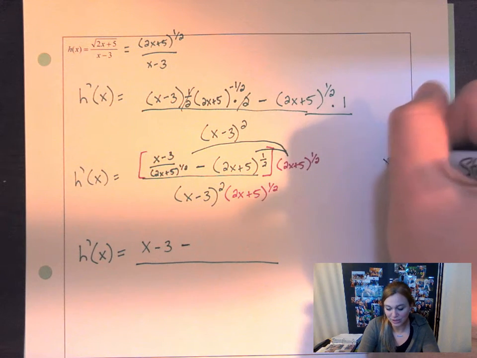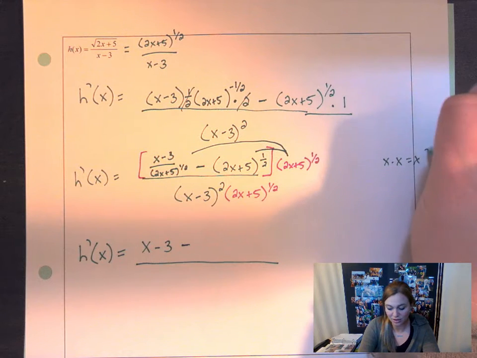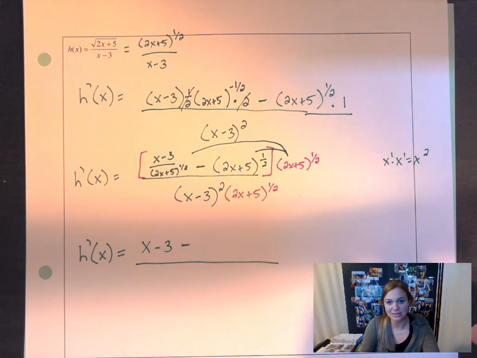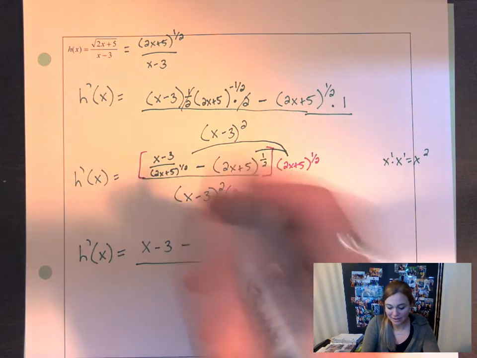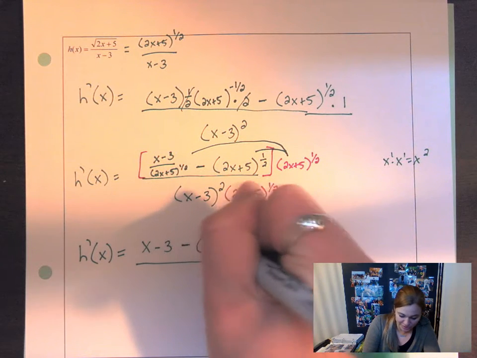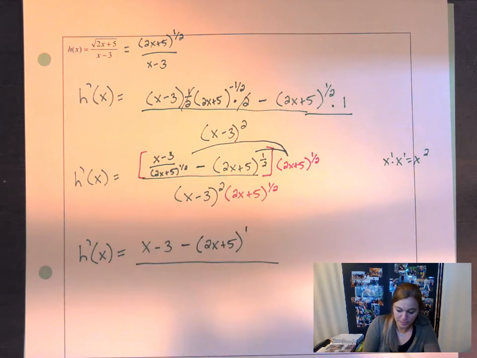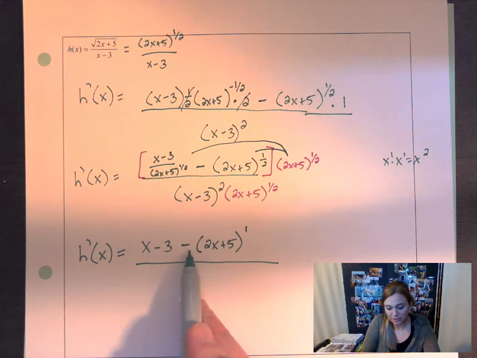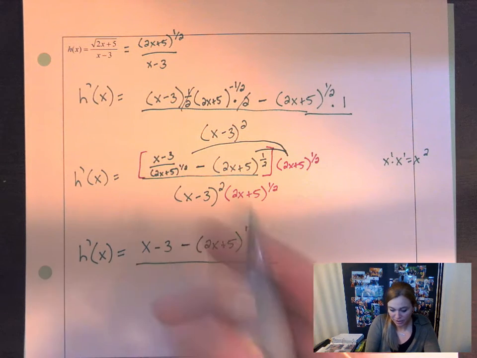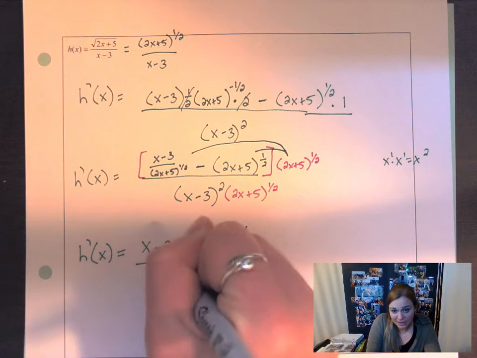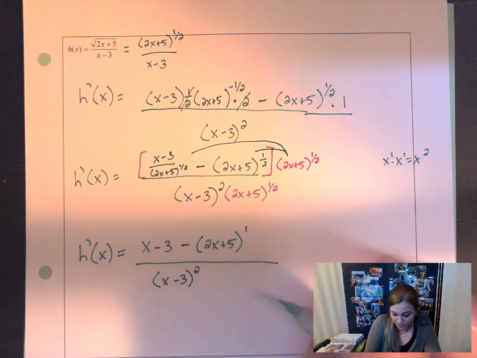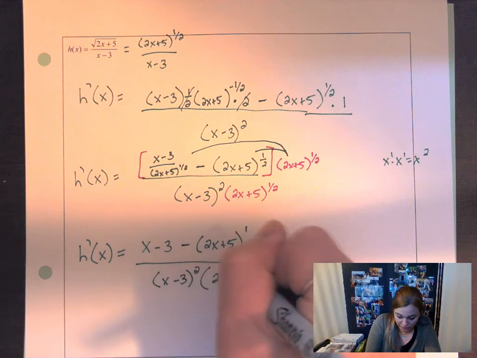It's that same situation, like x times x is x squared, because I'd be adding the exponents together with like bases. I'm adding the exponents here. This would be 2x plus 5, the first power. Make sure that you put the parentheses around this since it's subtracting this whole term. In the denominator, I've got x minus 3 squared, 2x plus 5.